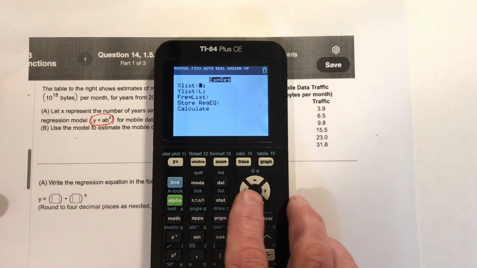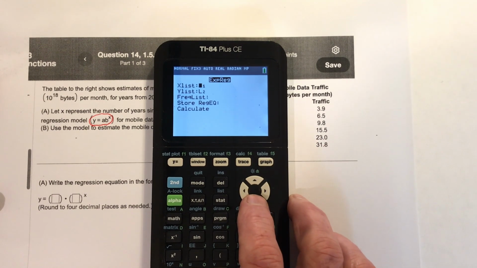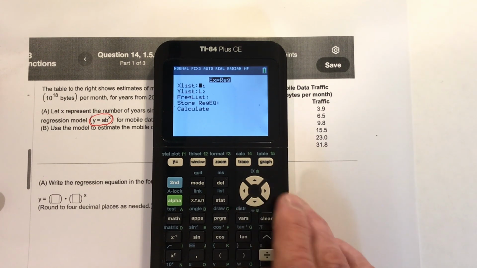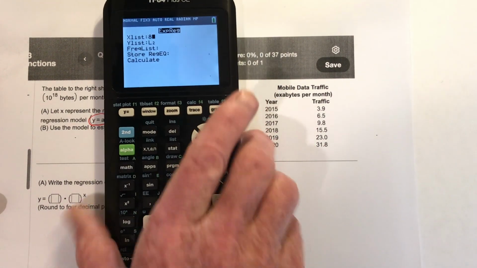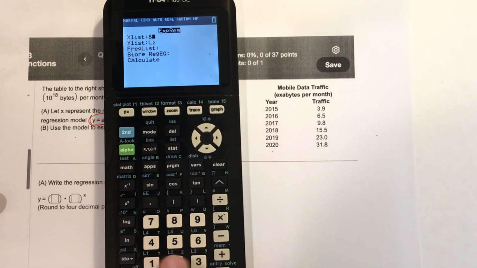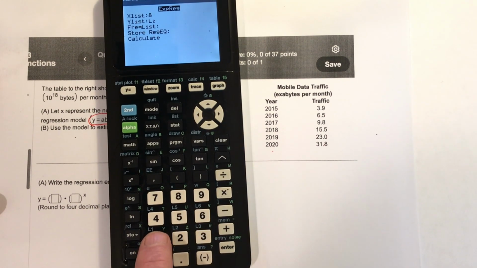And then the calculator is just asking you, all right, do you have the x's in list 1? So let's say that somebody messed that up on your calculator and it does not say list 1. Well, the names of the lists are under the numbers 1, 2, 3, 4, 5, 6. So right here, it says L1, but it's in blue.